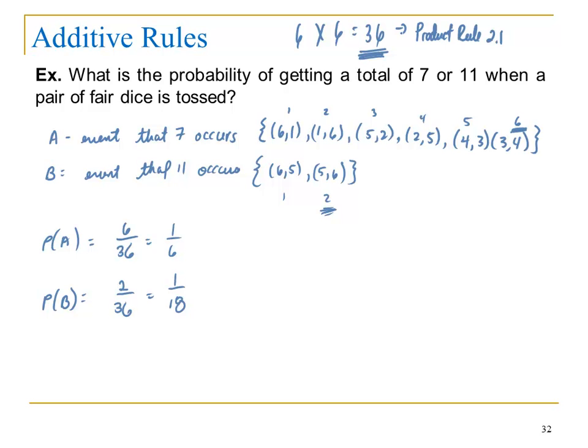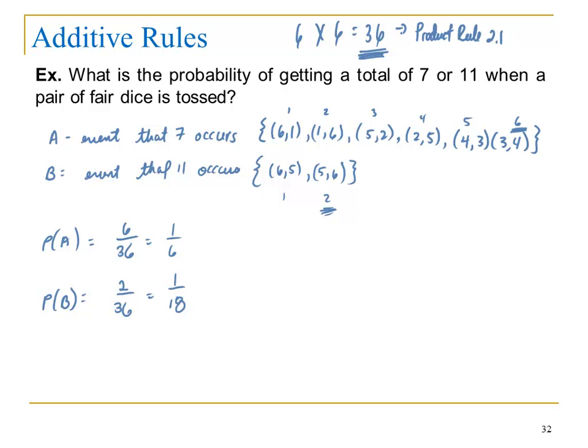You can get 11 or 7. So that makes the events mutually exclusive. The other way to see it is, if they were not mutually exclusive, then you would see one of these outcomes repeated in both events. But there are no outcomes repeated. So they are mutually exclusive.